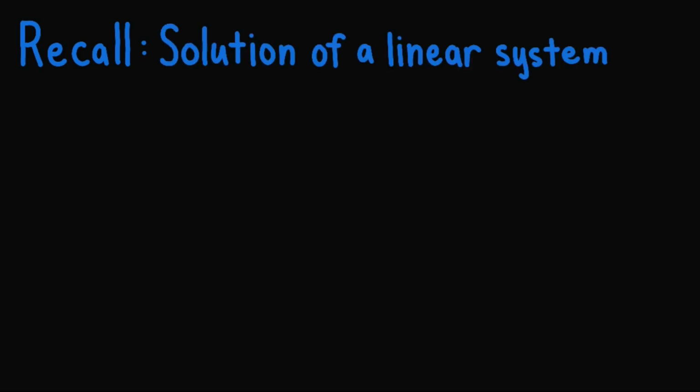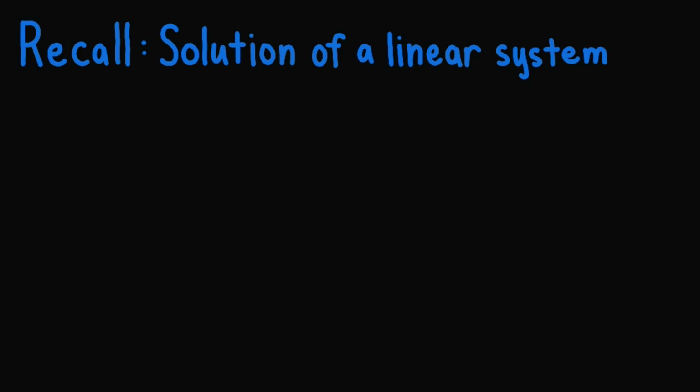Hi there. In this video, we'll be discussing the 3 ways on how we can solve linear systems. So to start, first, recall that in the previous video, we learned about the solution of a linear system. We know that this is just the intersection of the given equations.